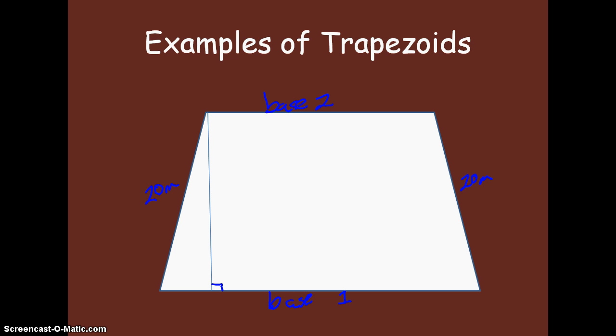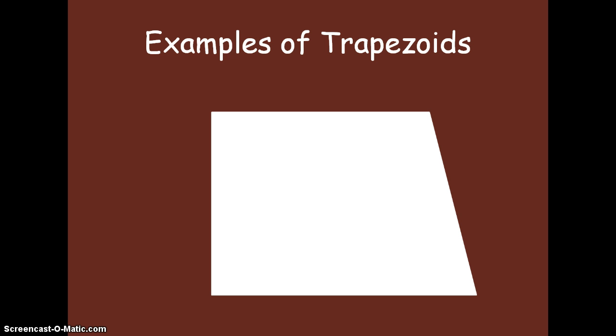Now there's another kind of trapezoid that you're likely to see quite a bit of, and I call this one a right trapezoid because one of the sides, this side here, looks like it does double duty. Not only does it serve as the side, but because it's perpendicular with base 1 and base 2 here, it also tells the height of the trapezoid.